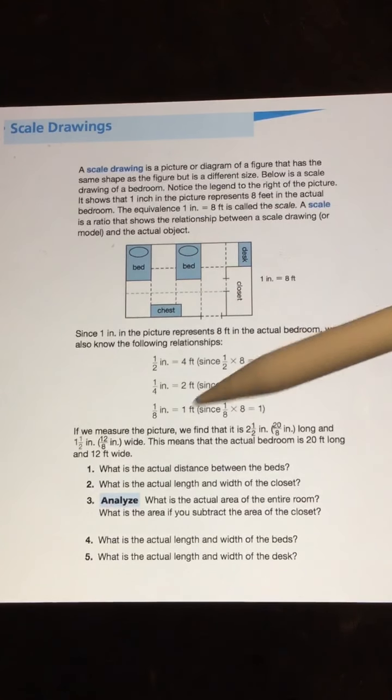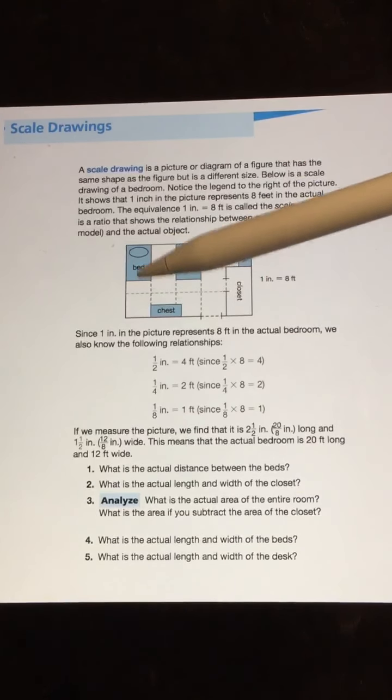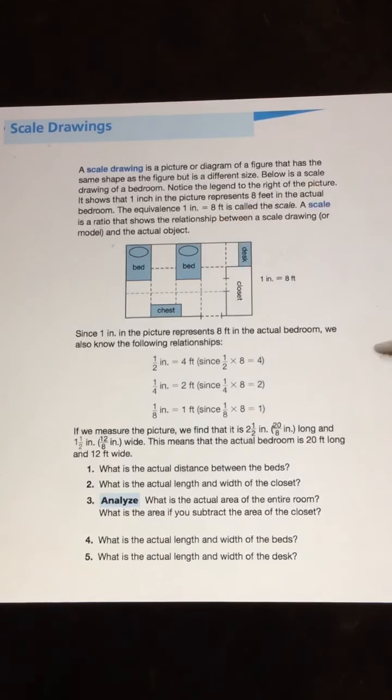What is the actual distance between the beds? Each one of these squares represents 4 feet, so between the beds, we have 4 feet. Then we ask, what is the actual length and width of the closet? Here's our closet.